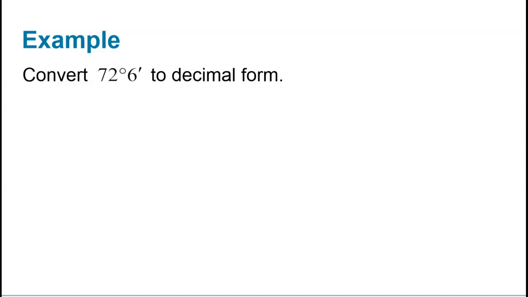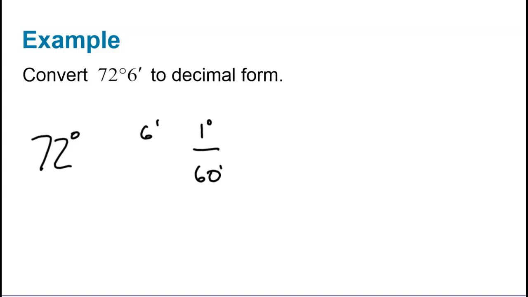Okay, let's go ahead and go the other direction with this. So let's convert this back to degrees, and let's have that in decimal form so that we can use that for some calculations later. Again, what we'll want to do is get our whole number, 72 degrees, and then get our 6 minutes separated out over here. If we have 6 minutes here, and we want to get the unit off of here, we know that 1 degree equals 60 minutes.